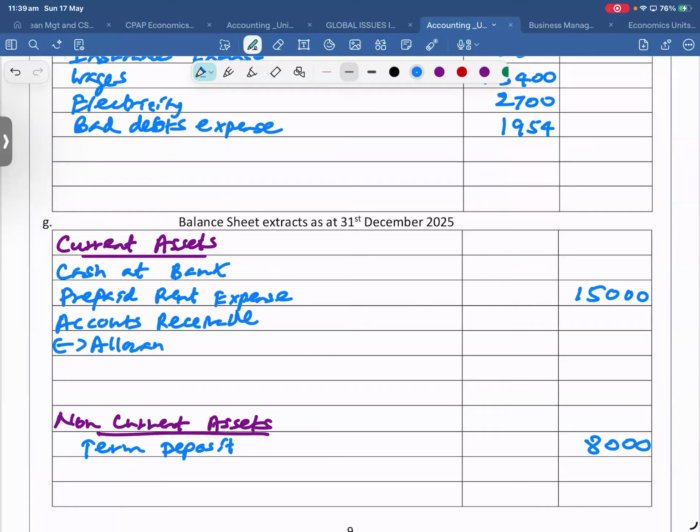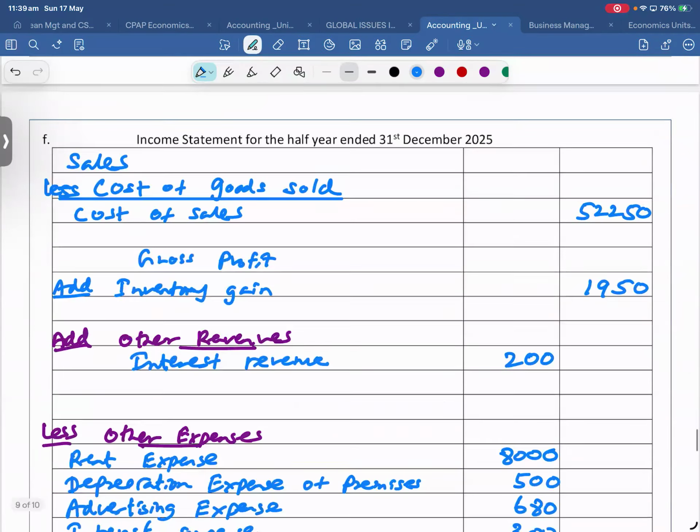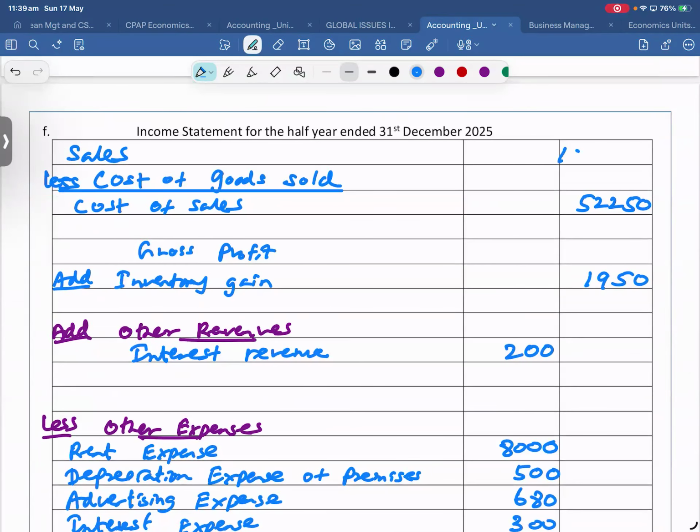Next one, cost of sales 52,250 in the income statement. Then sales revenue 104,500.